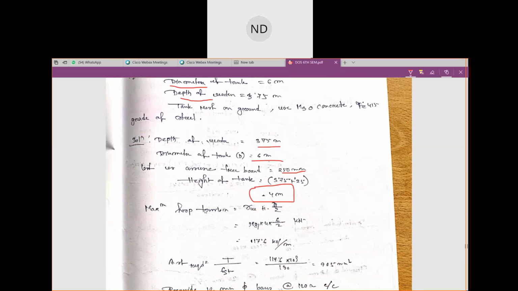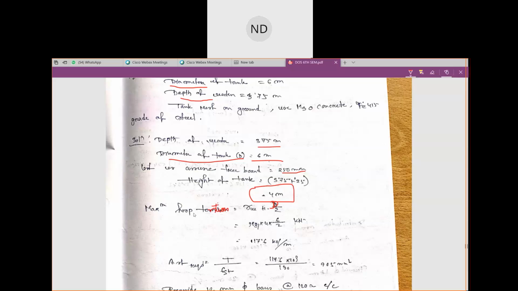Now there will obviously be hoop tension. Maximum hoop tension at the base is gamma W into H into D by 2, where capital D is the diameter of the tank.